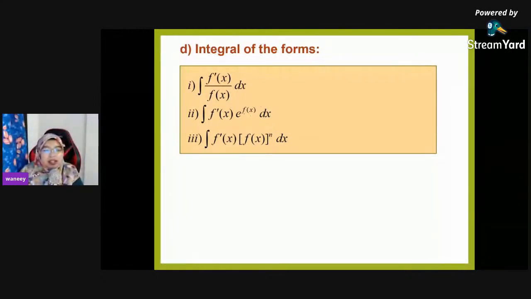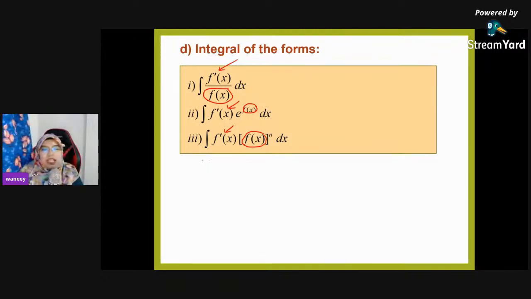This time, we don't have a linear in our denominator, or in our exponent, or inside the power. But what we can say is that we can easily see its derivative. Kalau kita differentiate je function tu, kita boleh terus dapat derivative dia. So we can simplify them quite easily.